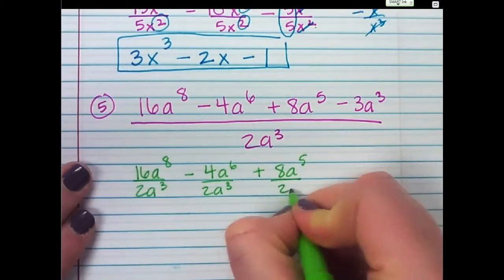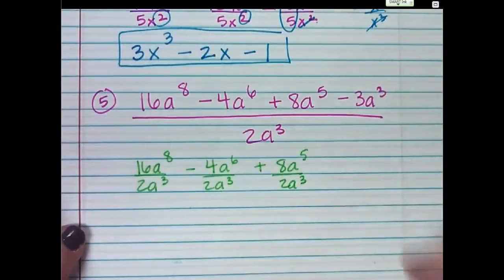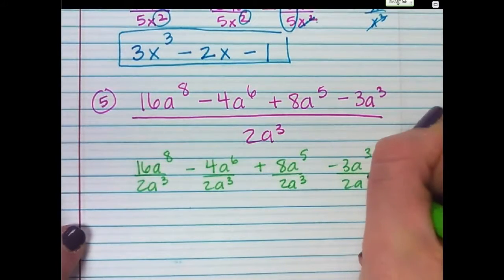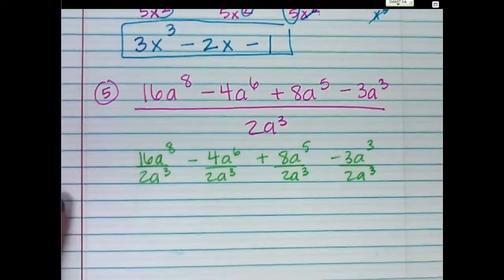So if it helps you to make all of these little fractions, then go ahead and do it. It might help you not make small errors if you write it out like that.